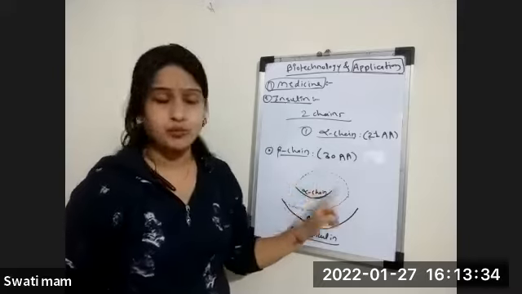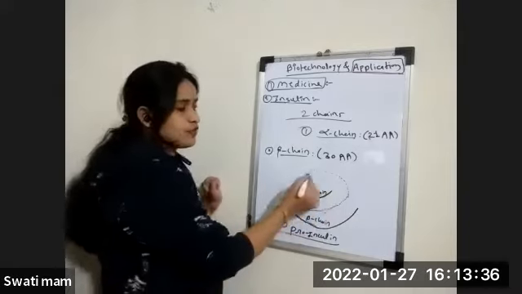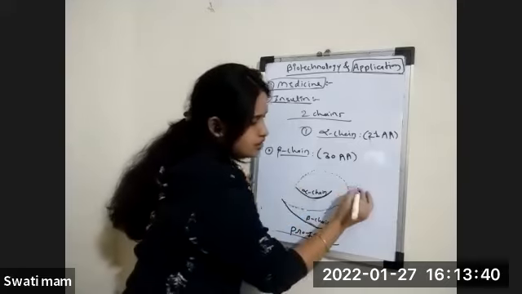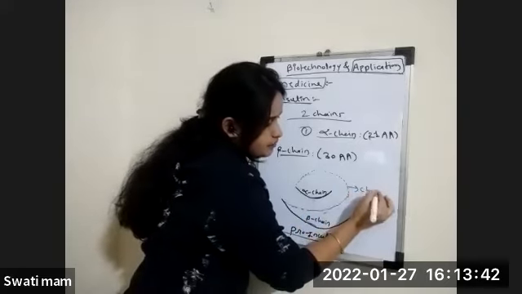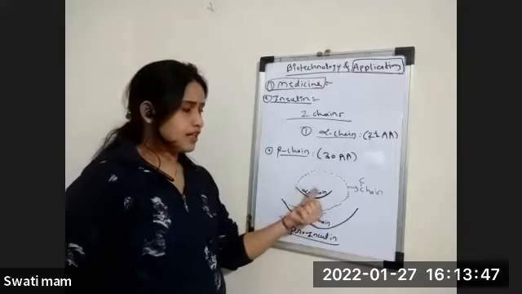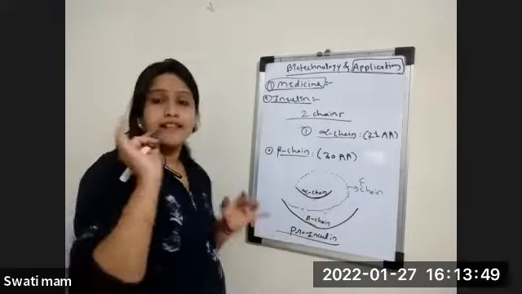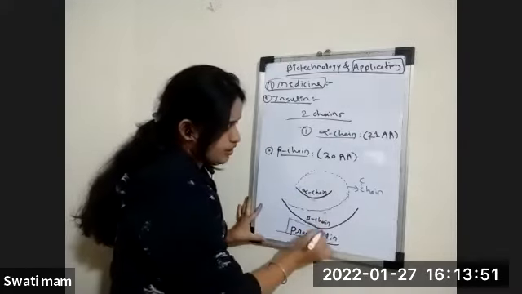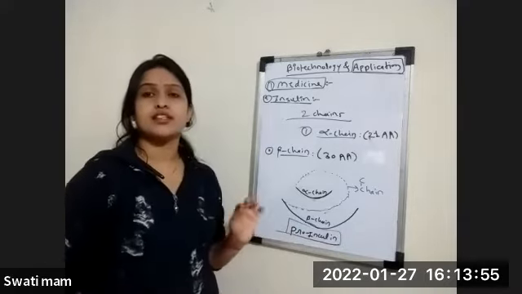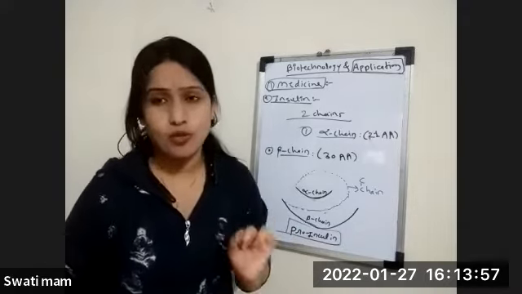The dotted blue line which you see in this diagram is the C chain. When this C chain is present between the alpha and beta chains, that insulin is called proinsulin, the inactivated form of insulin.